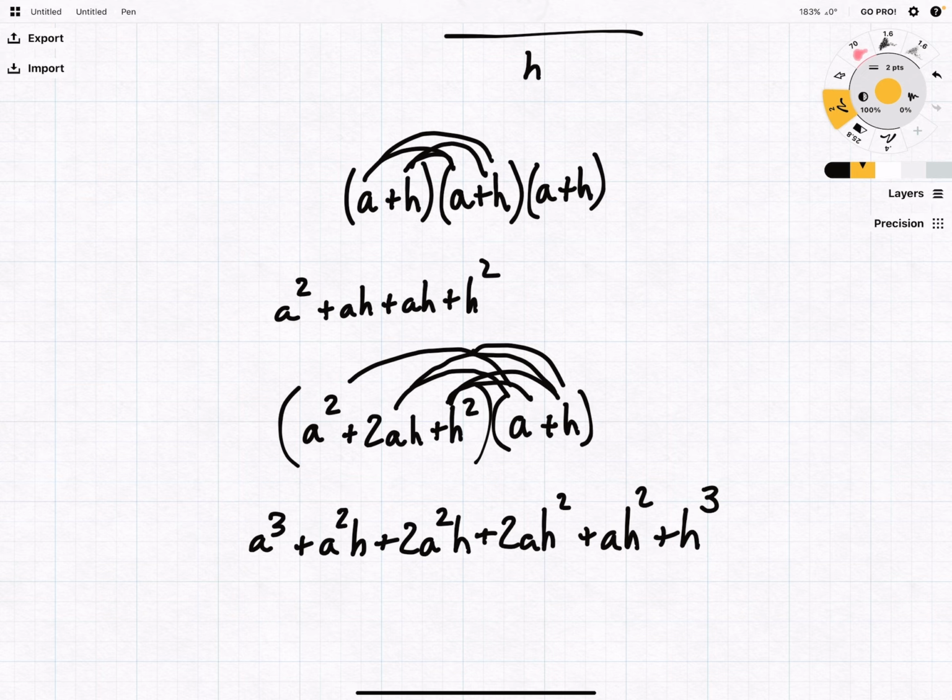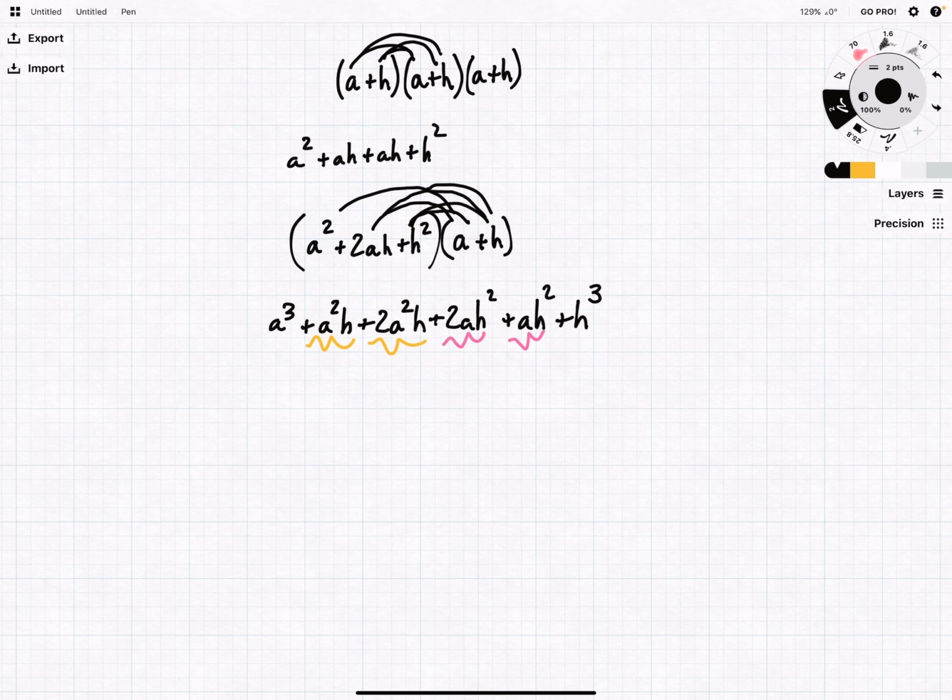We have the a squared h's, and we also have the ah squareds. So now that does simplify down a little bit into a cubed plus 3a squared h plus 3ah squared plus h cubed.